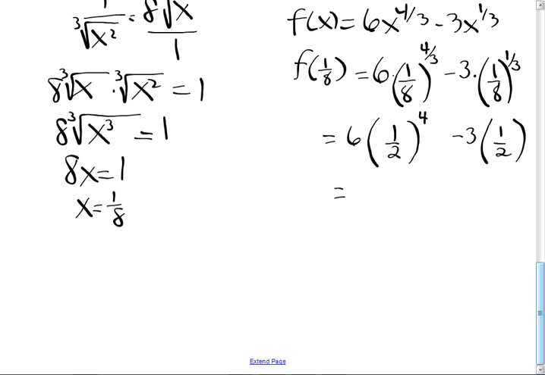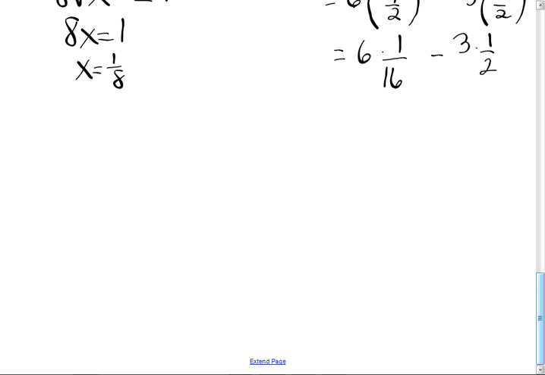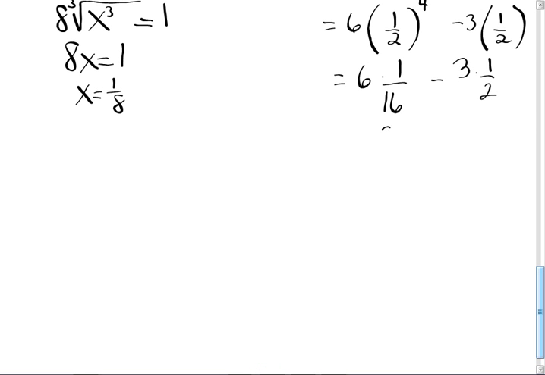So this is going to be 6 times 1/16 minus 3 times 1/2. Can I reduce the 6/16? That's 3/8. Just fractions.